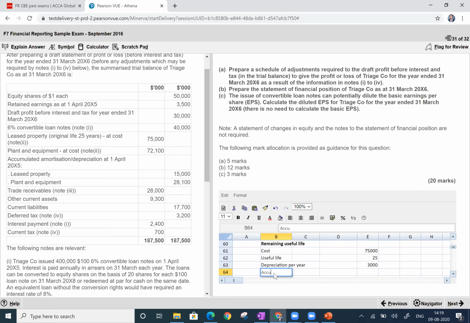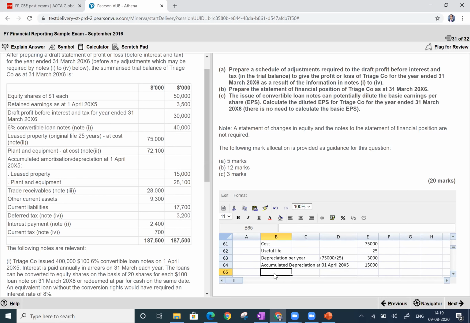Accumulated depreciation as on 1st April 20x5 is how much? 15,000. Your per year depreciation is 3,000, and so far it has been 15,000. So this is my question: how many years has the asset been used?